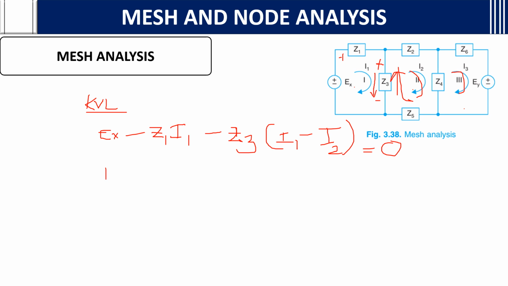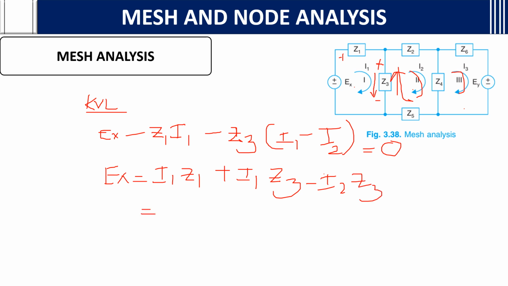If you take EX to this side, EX will be equal to I1 Z1 plus I1 Z3 minus I2 Z3. I1 Z1 stays the same. Here I1 Z3 minus I2 Z3.